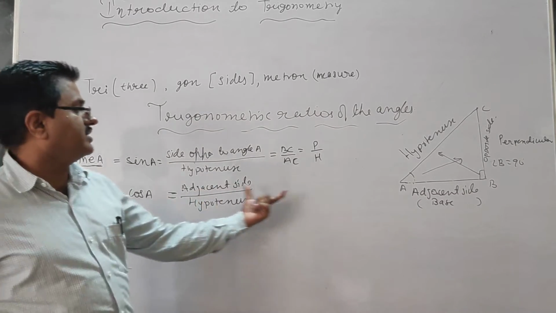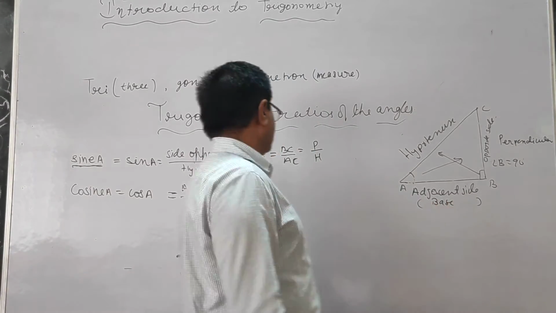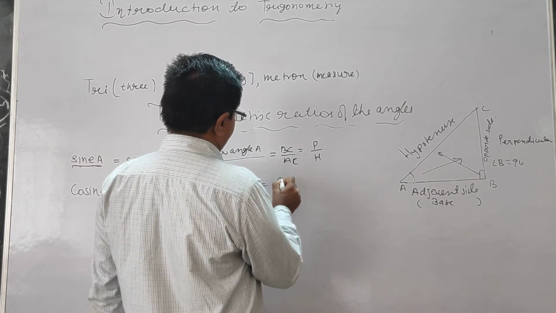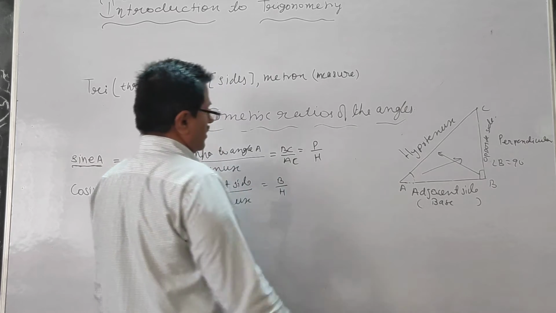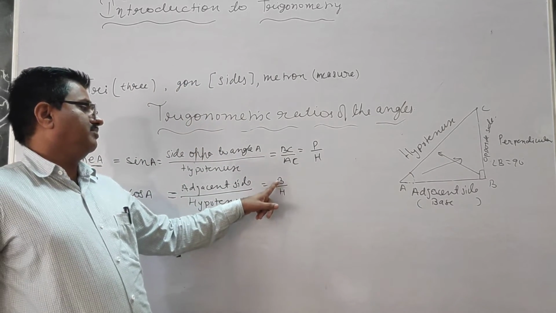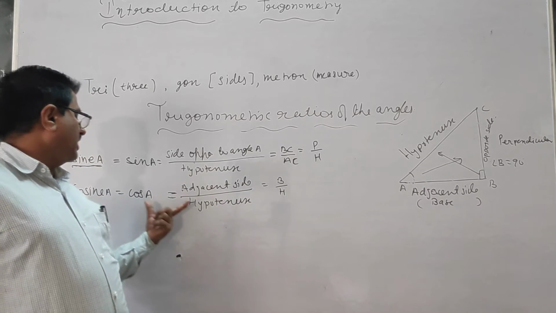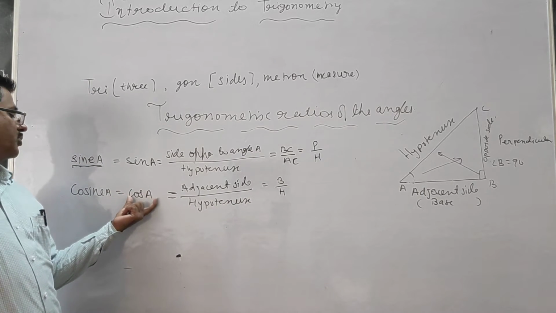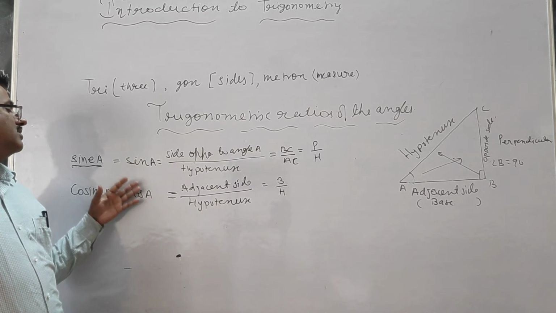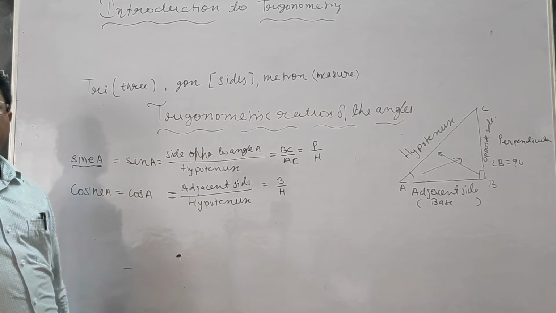The adjacent side, in short form, is the base, so this is base upon hypotenuse, B upon H. These names come from Greek letters used in ancient times.